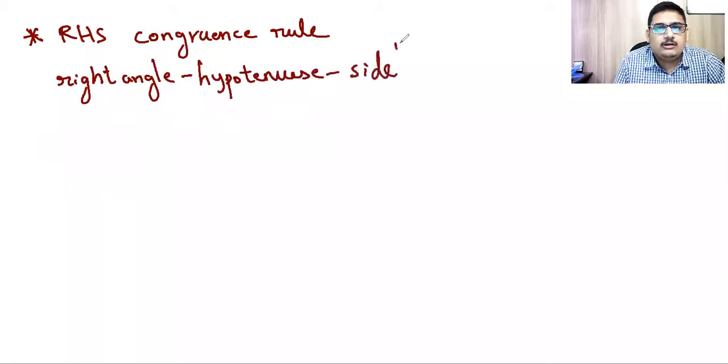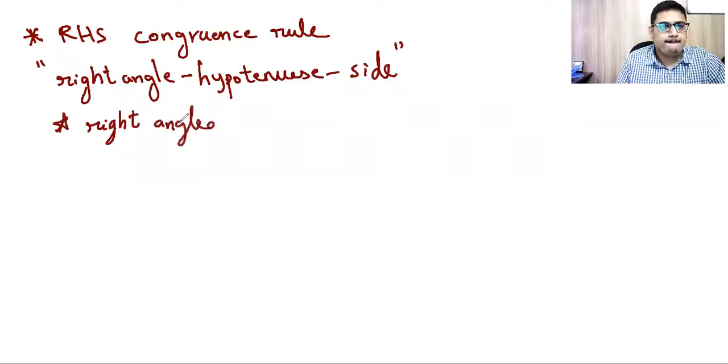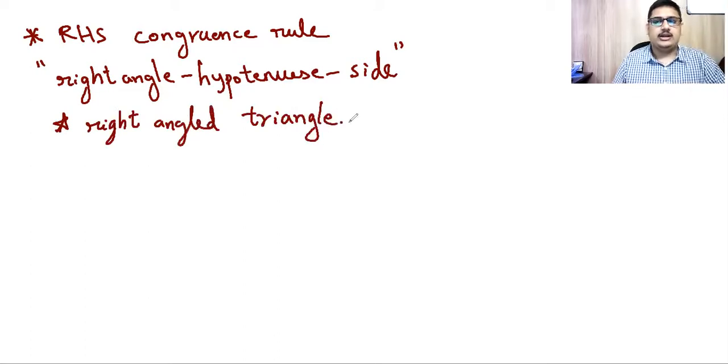This is the expansion of the RHS congruence rule. What is the special peculiarity that we have to say? This is applicable for right angled triangles. So if we have to take two right angled triangles and make a comparison and find out whether the triangles are equal or not, then we can go for the RHS congruence rule.